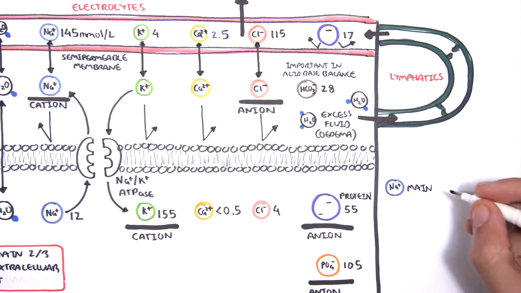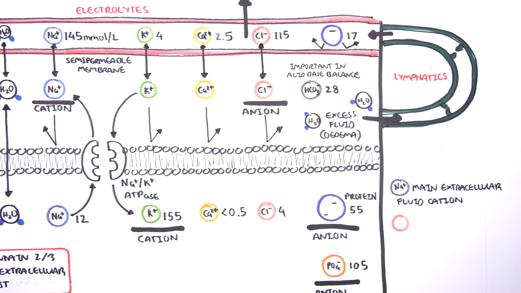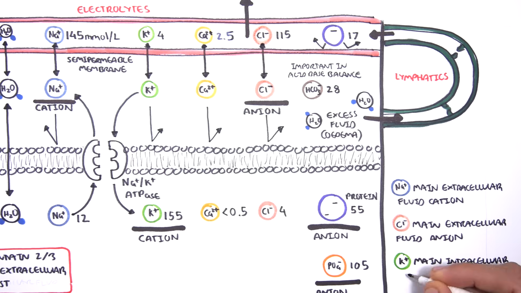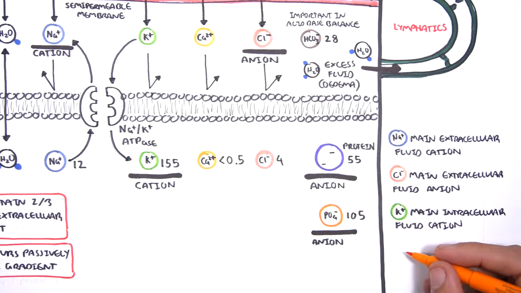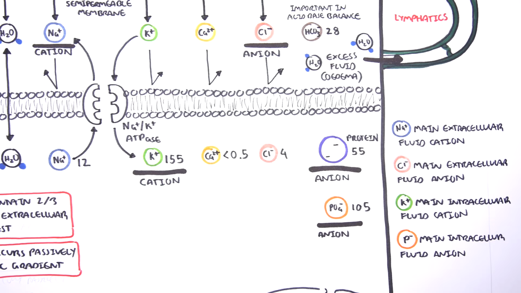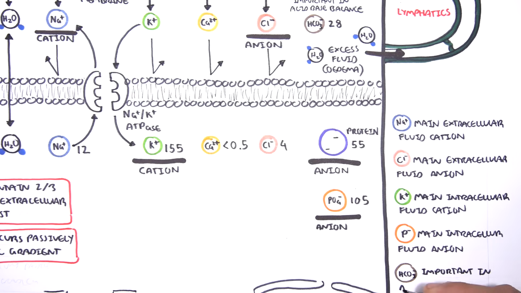In summary, sodium is the main extracellular fluid cation. Chloride is the main extracellular fluid anion. Potassium is the main intracellular fluid cation. Phosphate or phosphorus is the main intracellular fluid anion. And bicarbonate is important in acid-base balance.